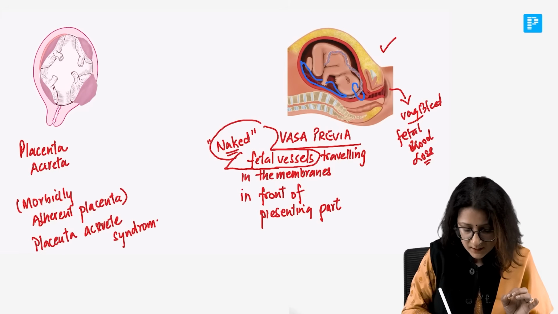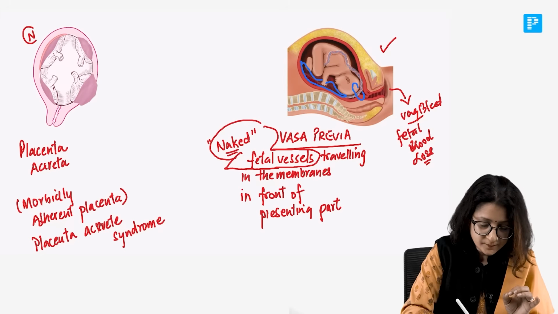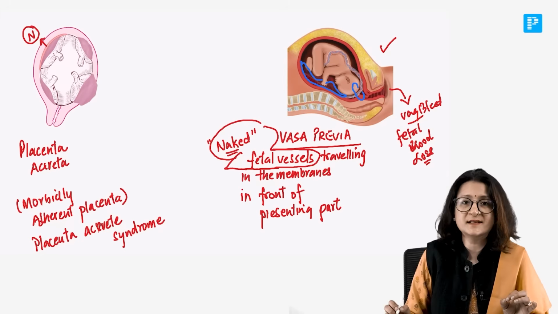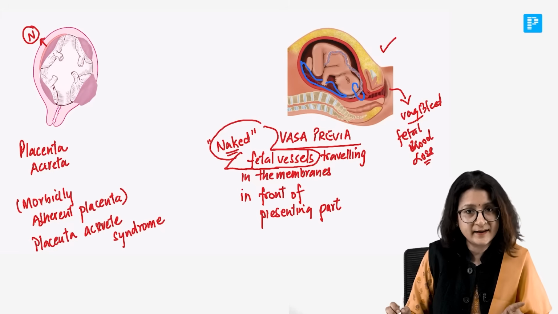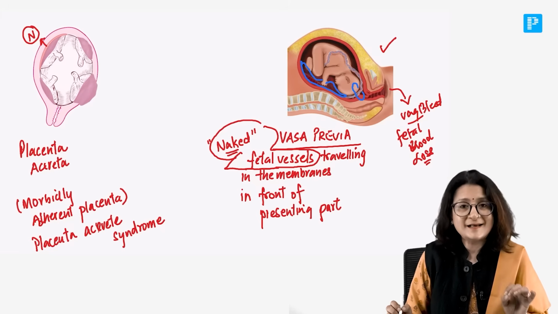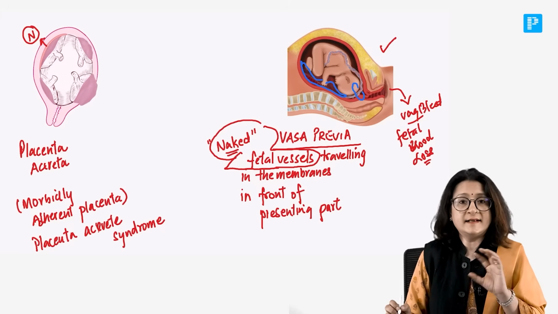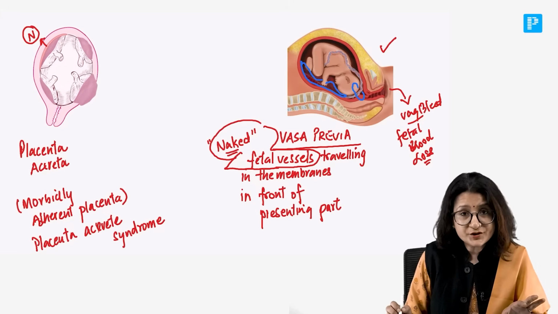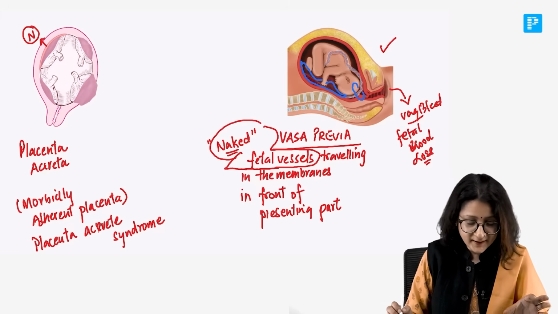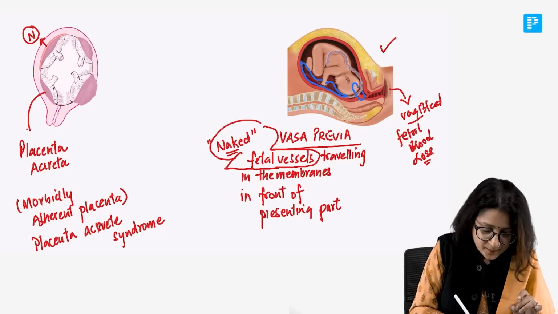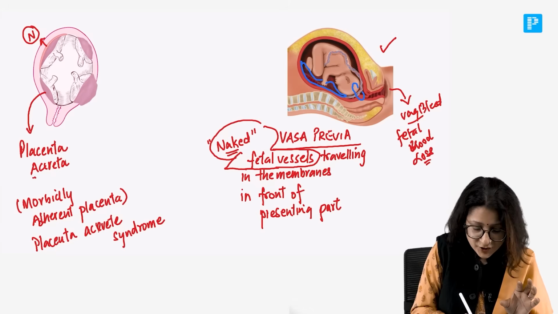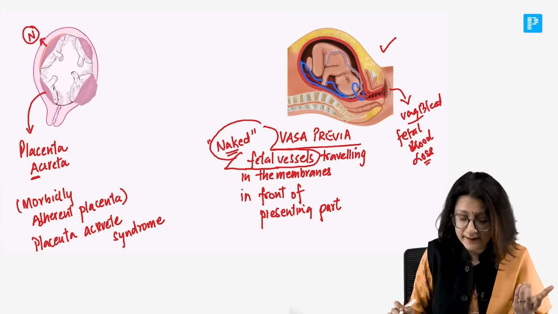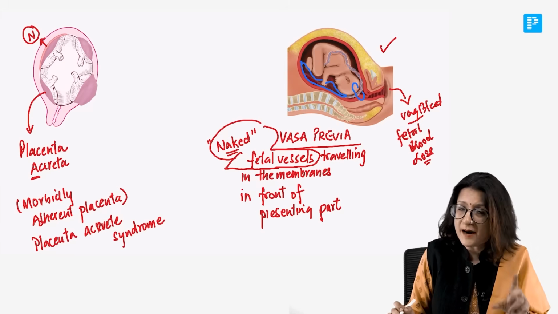So what happens here is that this one here is normal. You can see the decidua basalis. If such an image is given to you, you can identify that the decidua basalis is absent, it is defective, the Nitabuch layer is absent, it is defective, and you can see here the placenta is just attached to the myometrium. So A, accreta, just attached to the myometrium.